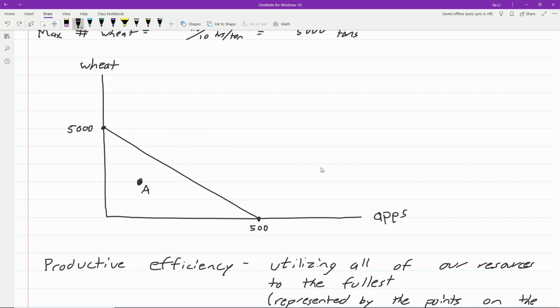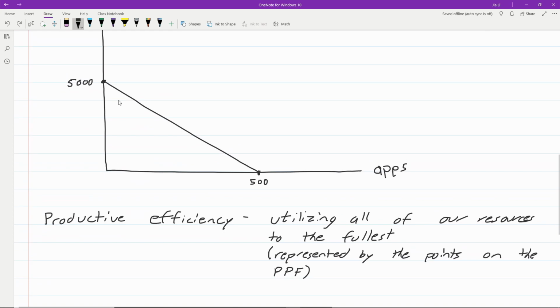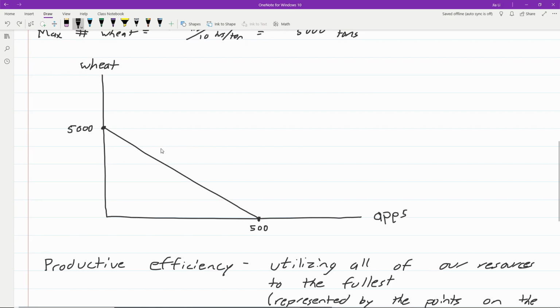Now, I'm going to clean this up a little bit. What if instead of the idea of efficiency here, of just utilizing our resources to the fullest, what if we were concerned about, well, what do people actually want to have, right? So naturally, it makes sense that we would probably want a combination of both wheat and apps, right?